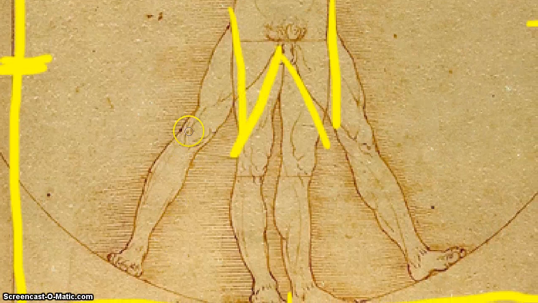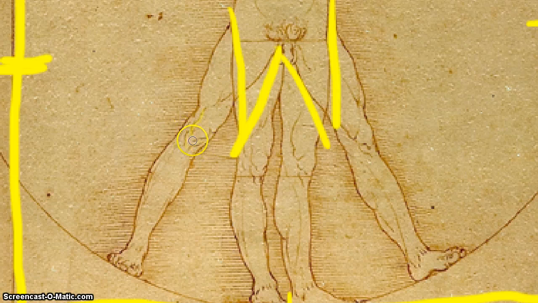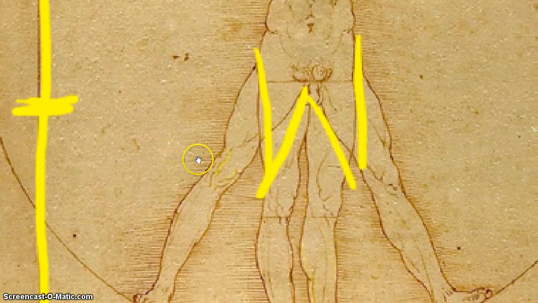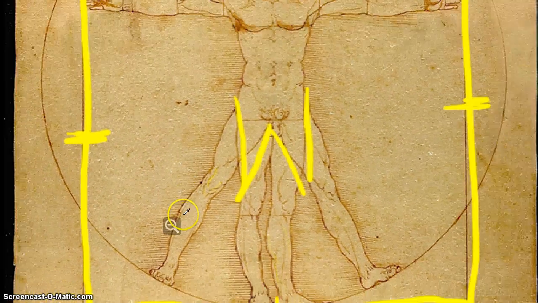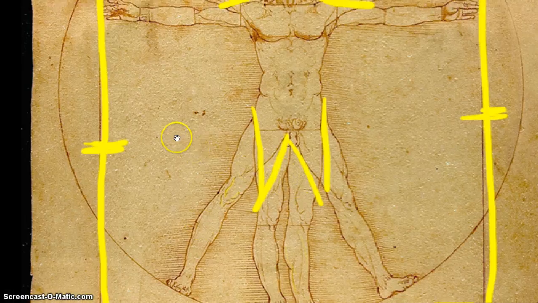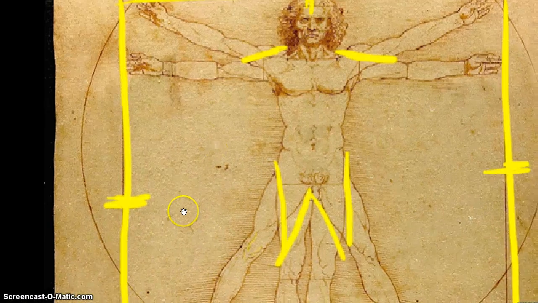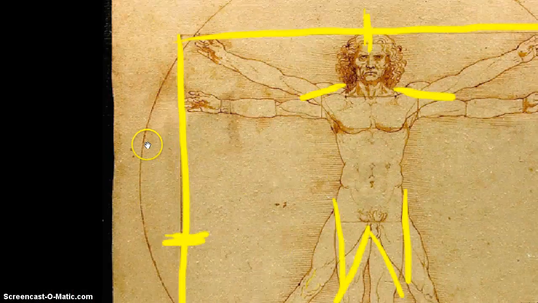His legs show the muscles of his legs. So yeah, this is what makes it secular, but of course it also shows individualism.